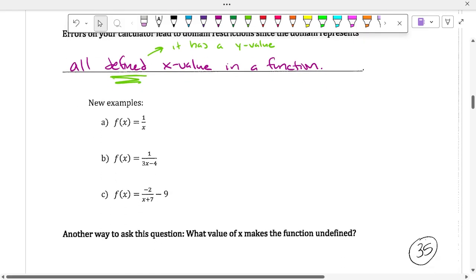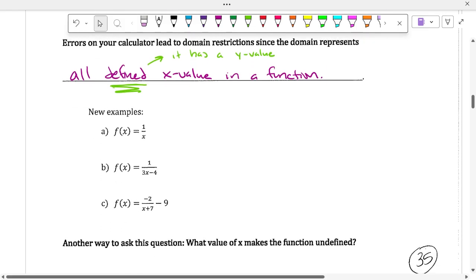So, let's look at some new examples. Here's what I want you guys to do. Open up Desmos on your Chromebooks and put in that first function. See what you get. We technically already did, but I actually want you guys to see what it looks like.